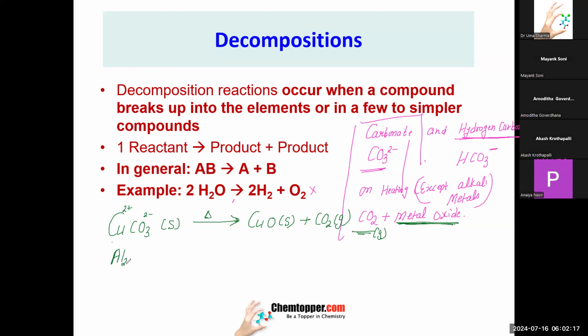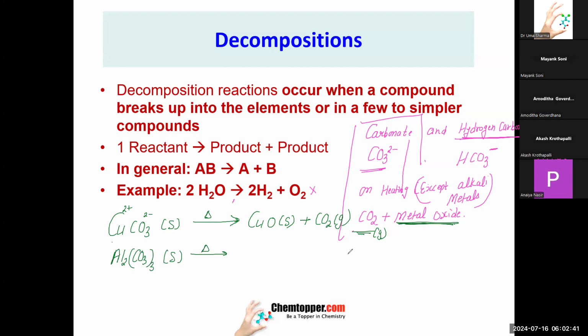Al2(CO3)3, solid, heated. What's the product? Take care of the charges, Mayank.